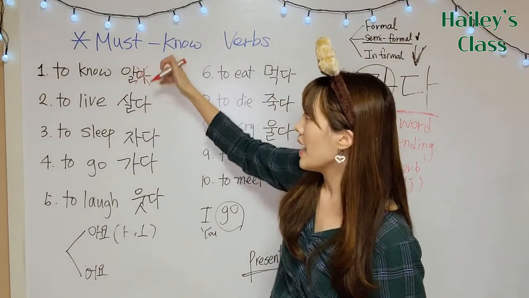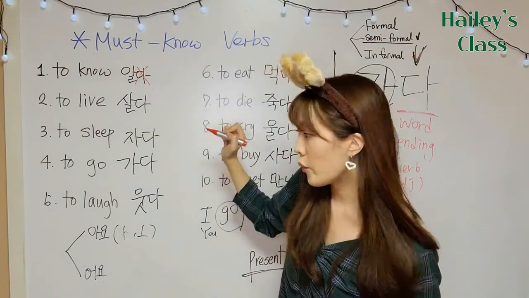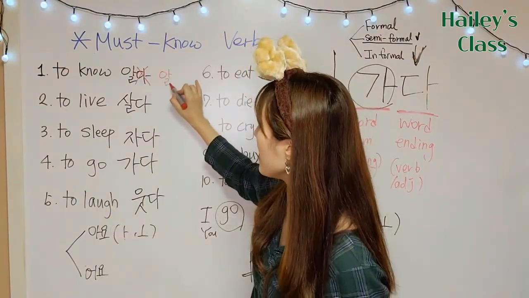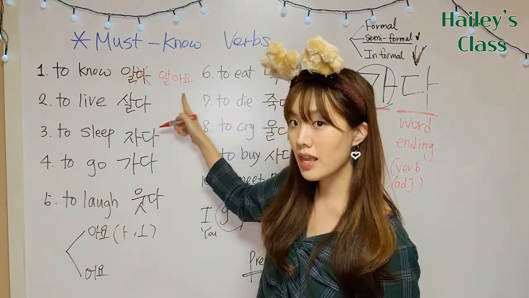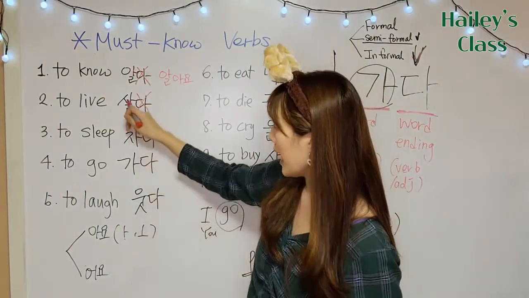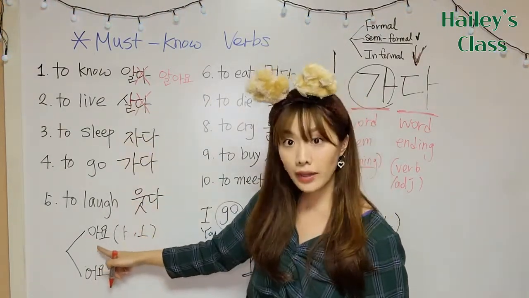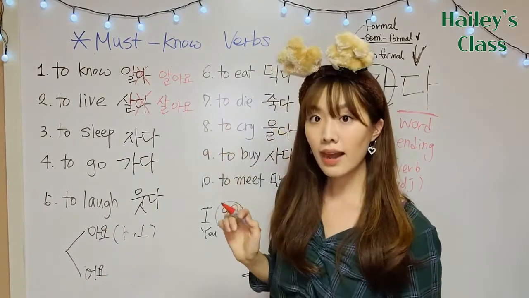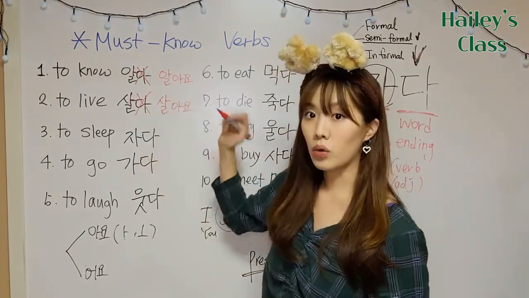Delete 다, and it ends with 아, right? So we have to pick 아요. 알아요. Right? Got it? And let's delete 다 here, 살다. It ends with 아, right? So we choose 아요. 살아요. Got it? 살아요. 알아요.